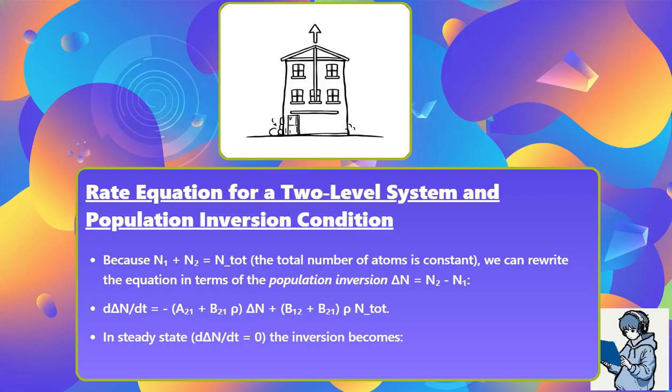In steady state, d delta N over dt equals 0, and the inversion becomes: delta N_ss equals ((B12 plus B21) rho N total) divided by (A21 plus (B12 plus B21) rho).